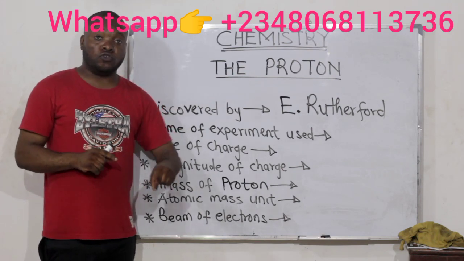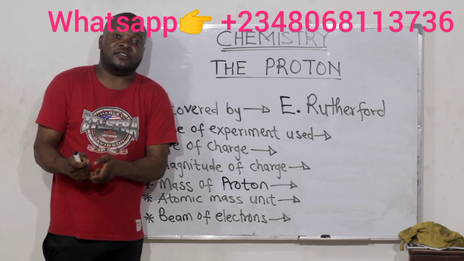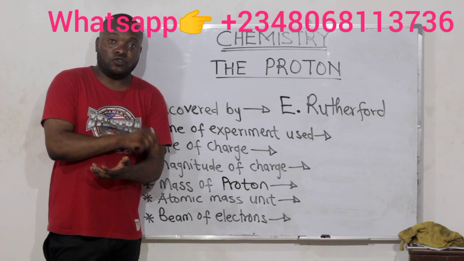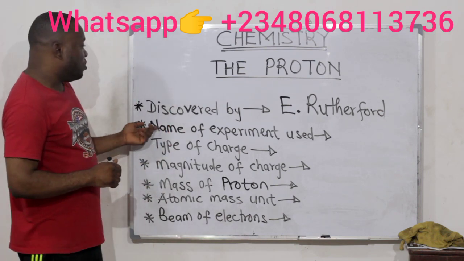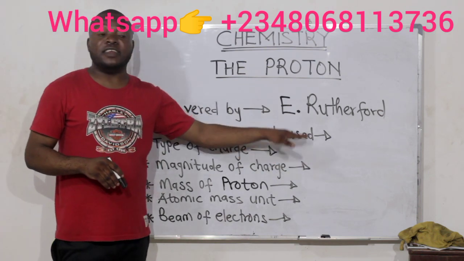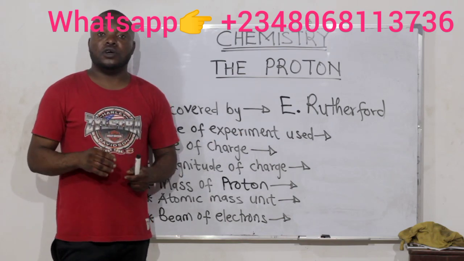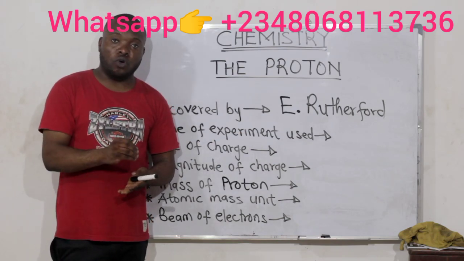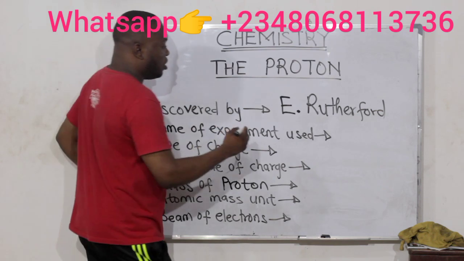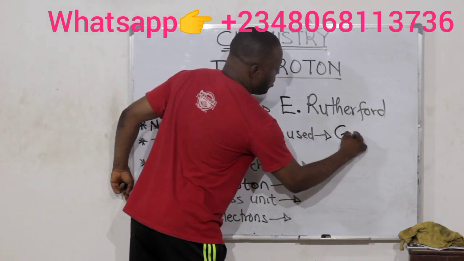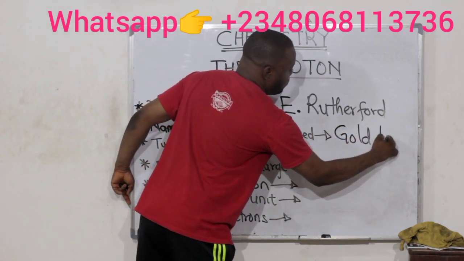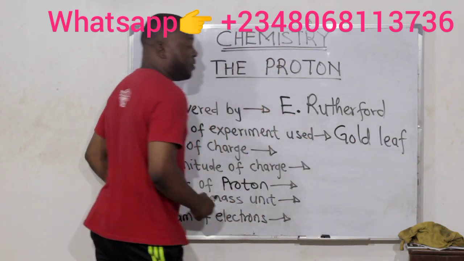Remember, the proton is the positively charged particle of an atom. Now, the name of the experiment Ernest Rutherford used to discover the proton is called the gold leaf experiment.